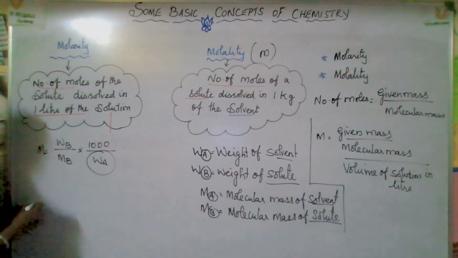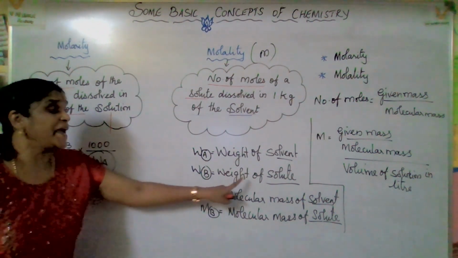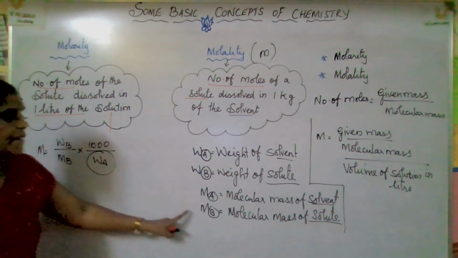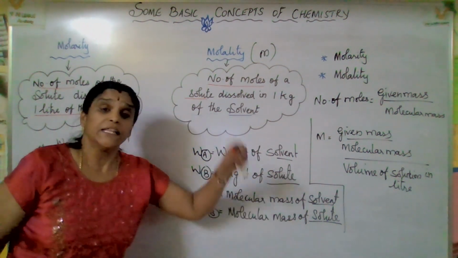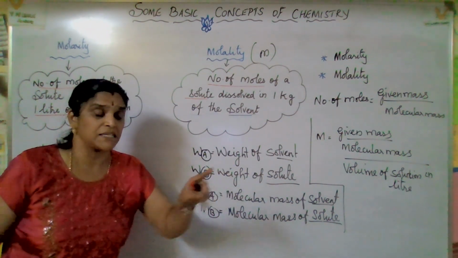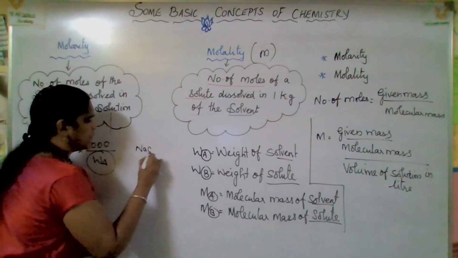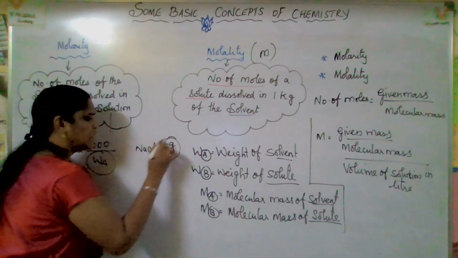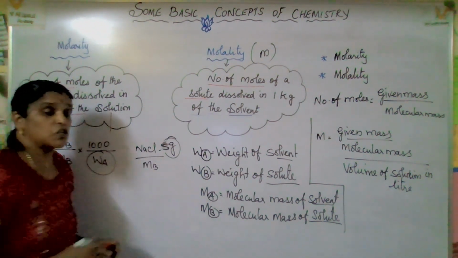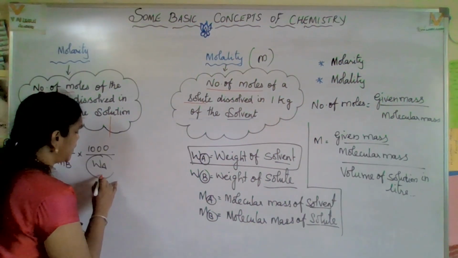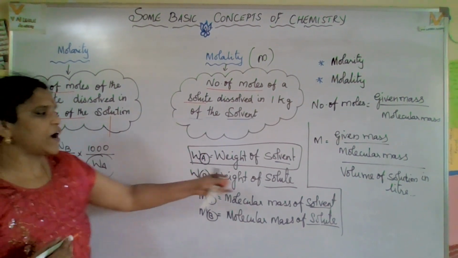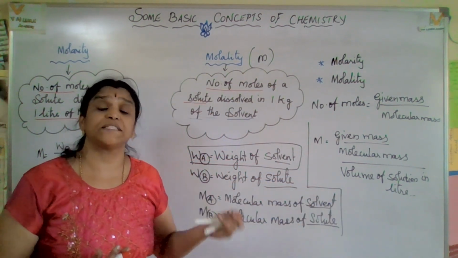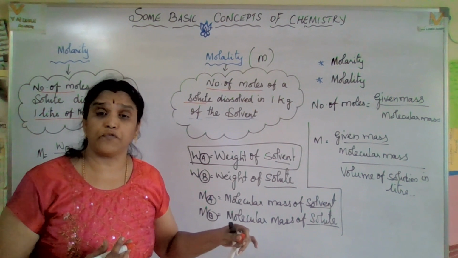Now come to this point. WB is the weight of the solute, that is the given mass. MB is the molecular mass of the solute, that is the molecular mass of the given substance, here sodium chloride, of which you have taken 5 grams. WA is the weight of the solvent. Volume of solution in liter: whatever volume they provide in the question, like 250 ml or 500 ml.